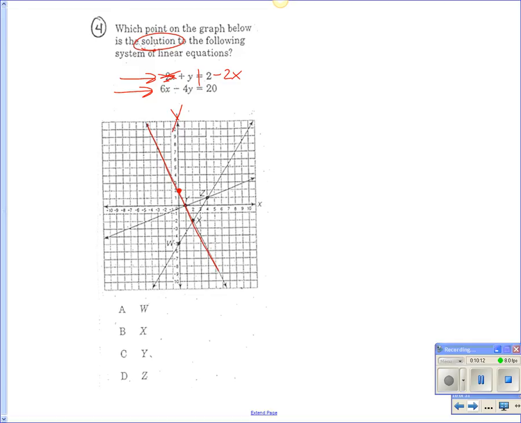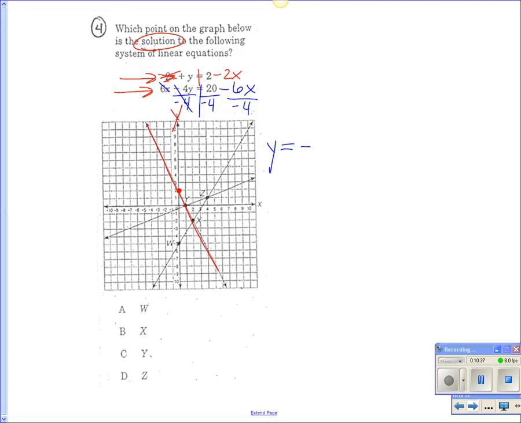Okay, now we have to work out the other one. So I'm going to draw my line. What moves to the other side? So a minus 6x. Odessa, what do you divide by? Good, negative 4. Without a calculator, what's 20 divided by negative 4?